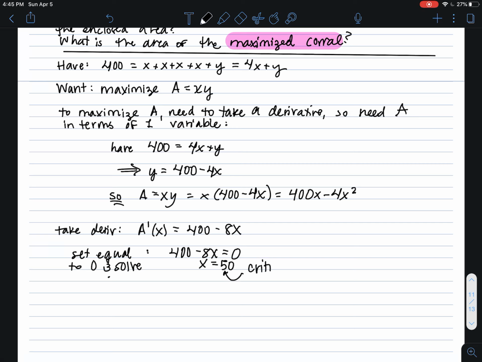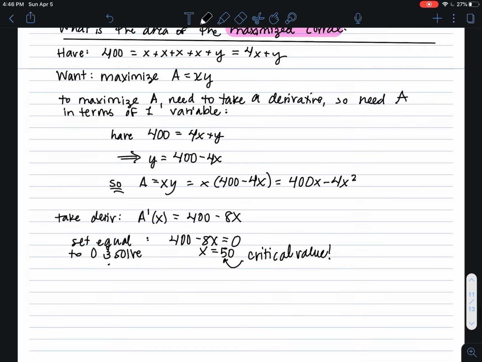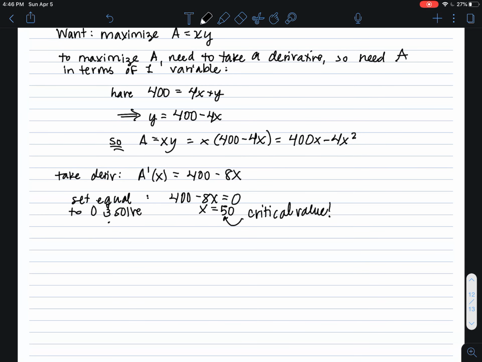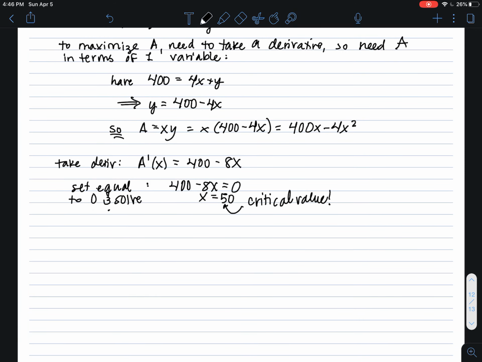So we know that this is a critical value. All right. So now we need to test to make sure that it's a maximum.